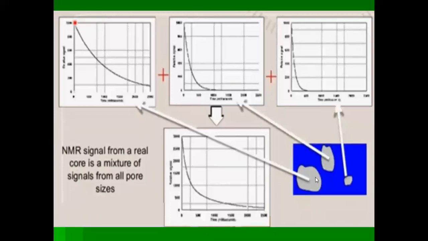For large pore size, we have a long relaxation time, while for medium pore size, we have a medium relaxation time. And for small pore size, we have a very short relaxation time. And the NMR signal for a real pore will be a mixture of the signals from all pore sizes within this pore sample.